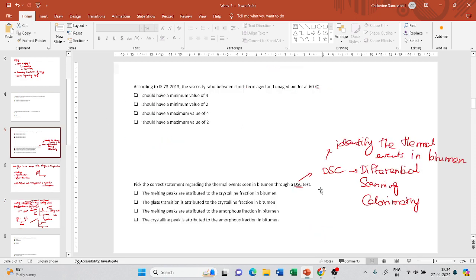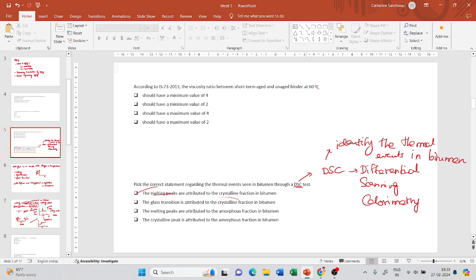Now coming back to this question. Pick the correct statement regarding thermal events seen in bitumen through a DSC test. The melting peaks are attributed to the crystalline fraction in bitumen. Did we see this? Yes, right? The melting peaks, crystalline fractions. The glass transition is attributed to the crystalline fraction in bitumen. Is glass transition attributed to crystalline fraction?